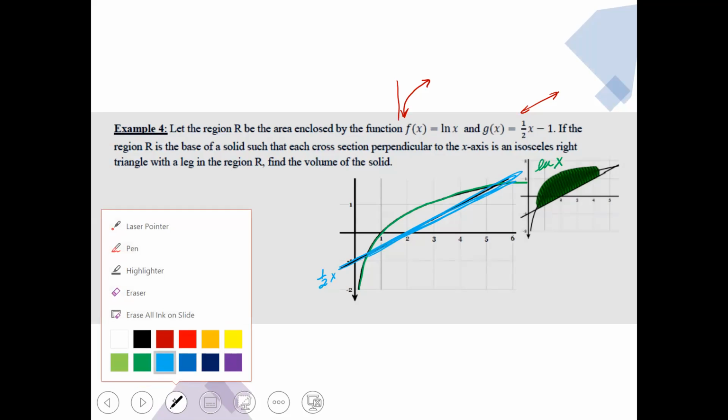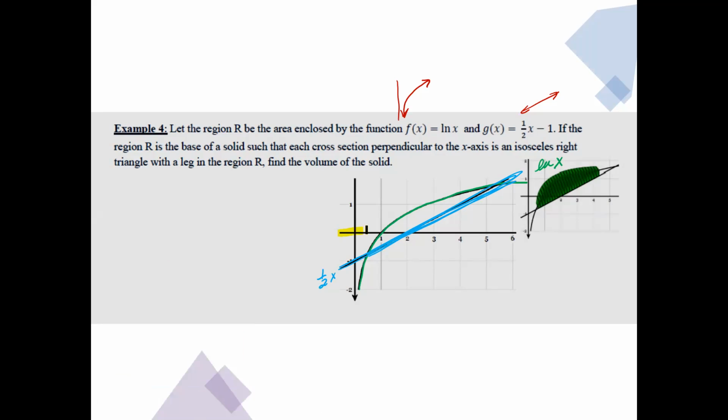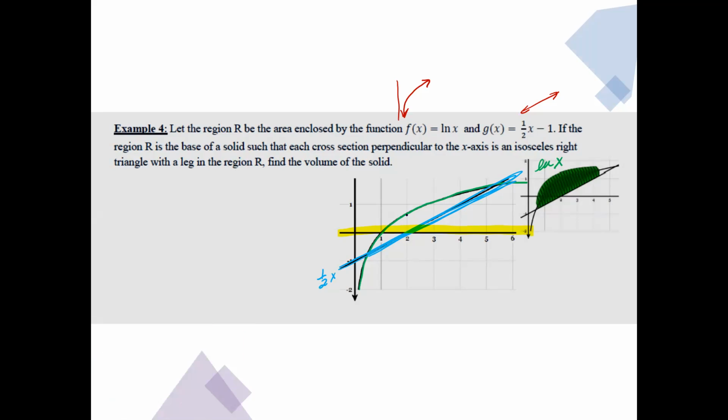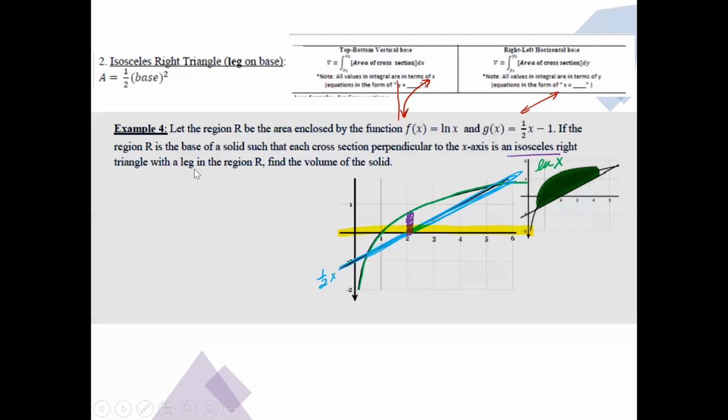So make sure you accentuate where the x-axis is located. If this is the x-axis and it's going to be perpendicular to that, then you know that your rectangle is going to be vertical, like that. And the cross section is isosceles right triangle. So let's go ahead and see if we can find the area or the volume of that.